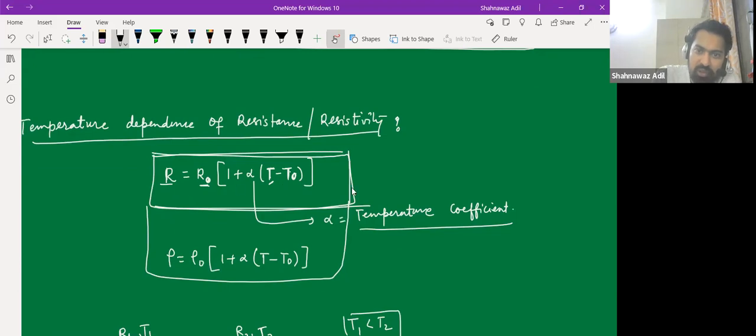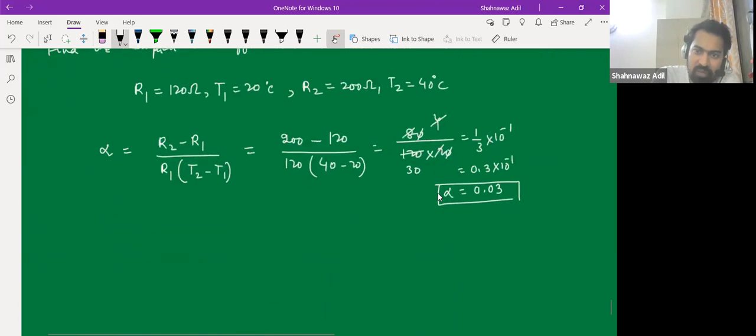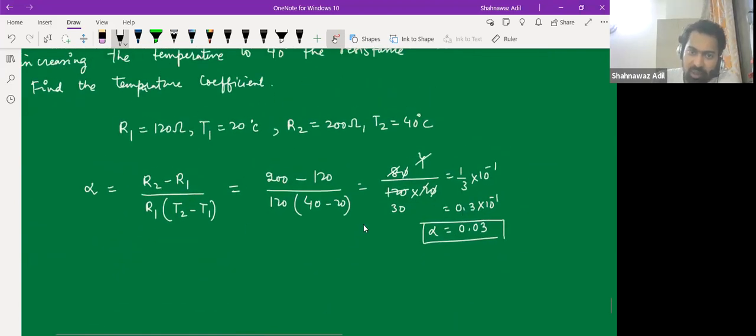So this would be per degree C, that is degree C minus 1, because the dimension of resistance will cancel out. So then this would be degree C inverse.